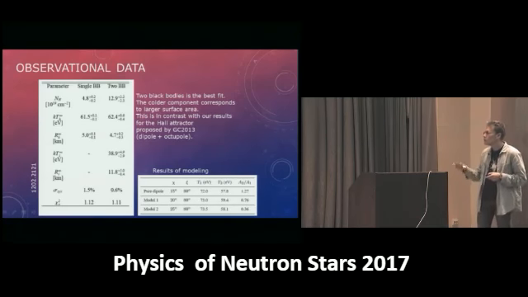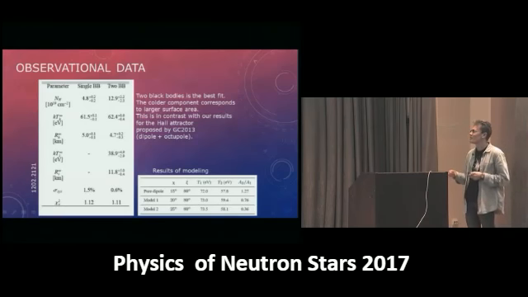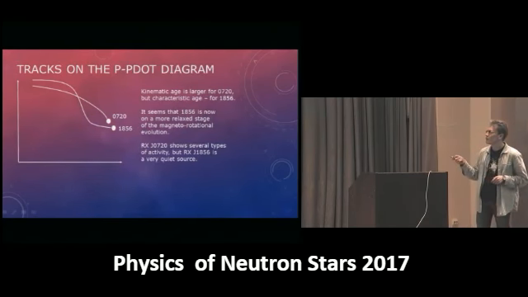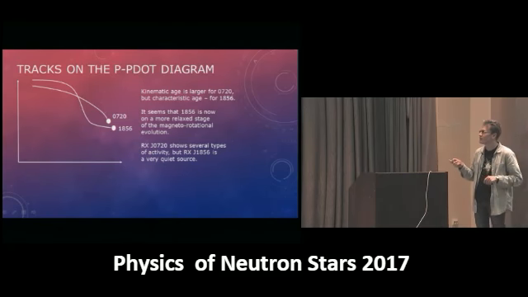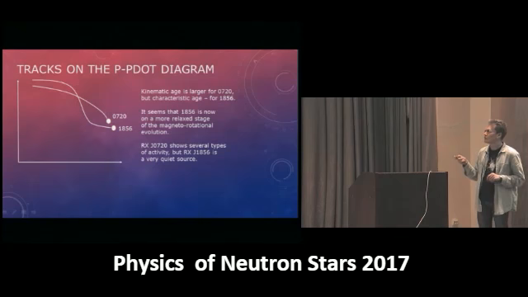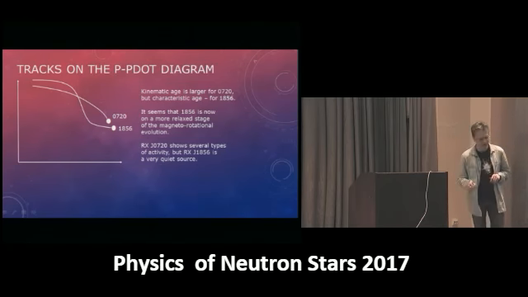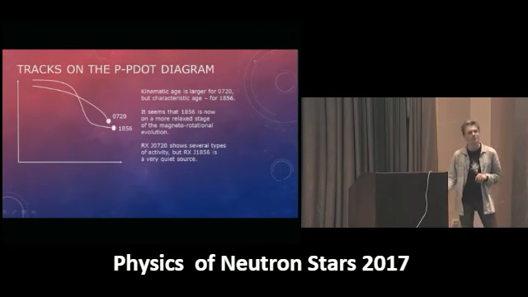So to give you some positive result at the end, or at least a puzzling byproduct: when we discuss different members of the Magnificent Seven set of neutron stars, we see a funny thing. There are two well-known sources, 1856 and 0720, and for both of them kinematic ages are estimated, and the kinematic age is larger for 0720.